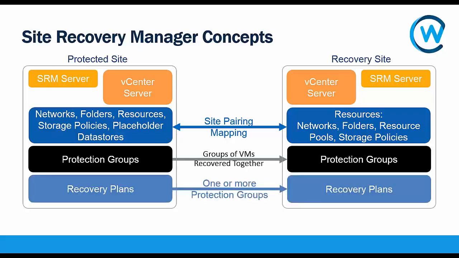So the final concept is the recovery plan. The recovery plan is effectively how my environment, how my applications are recovered in the event of a DR event. So a recovery plan can contain one or more protection groups. So we could have a recovery plan that says this covers all of my VMs for a whole site failure.